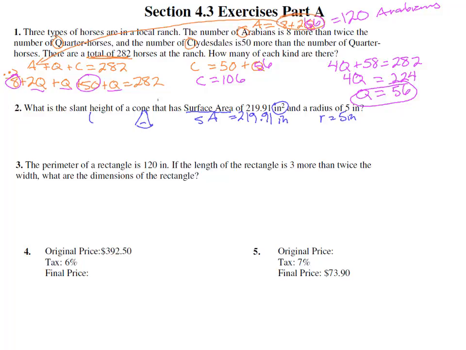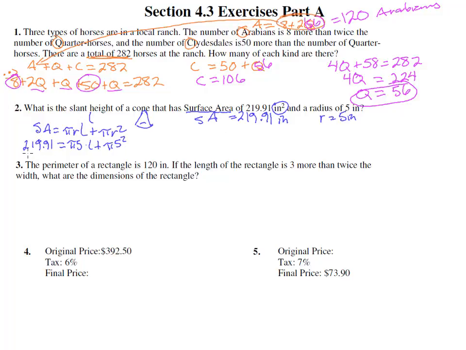If we check back in our book, the surface area of a cone is surface area equals pi r L plus pi r squared. Good. Let's stick in what we know. 219.91 for surface area equals pi times radius, which is 5, times L, plus pi times r squared, which is 5 squared.